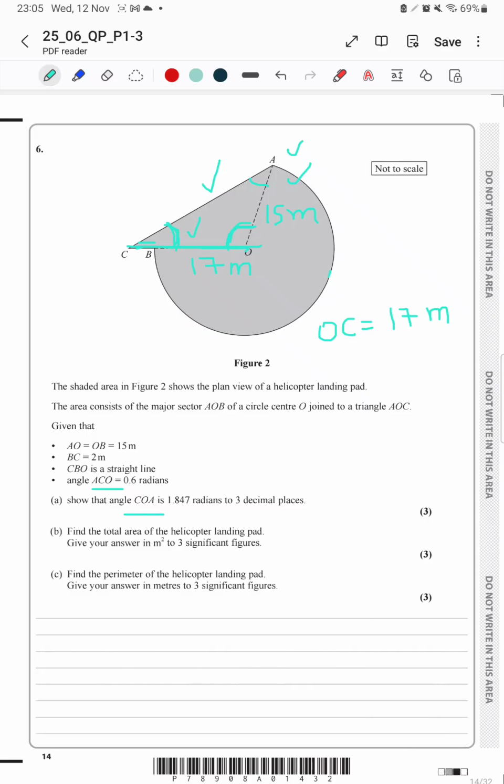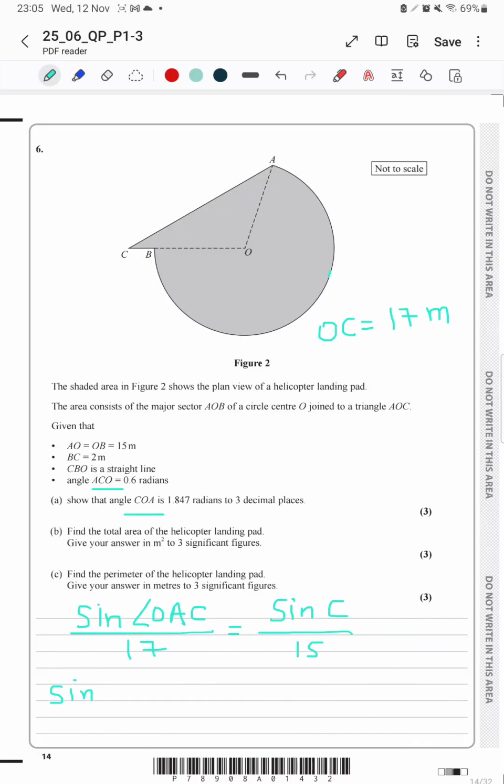So I will apply the sine rule in this triangle now, and I'm going to say that sine of angle OAC divided by 17 is equal to sine of angle C divided by this side 15. So we need to find sine of angle OAC, and that is equal to 17 over 15 times sine of this angle ACO, which is given as 0.6.